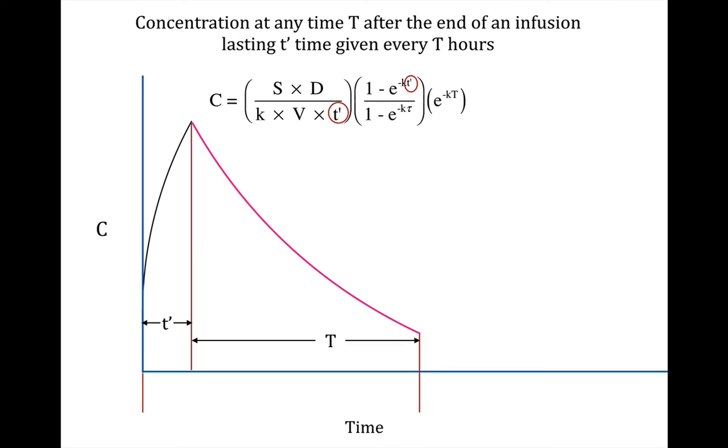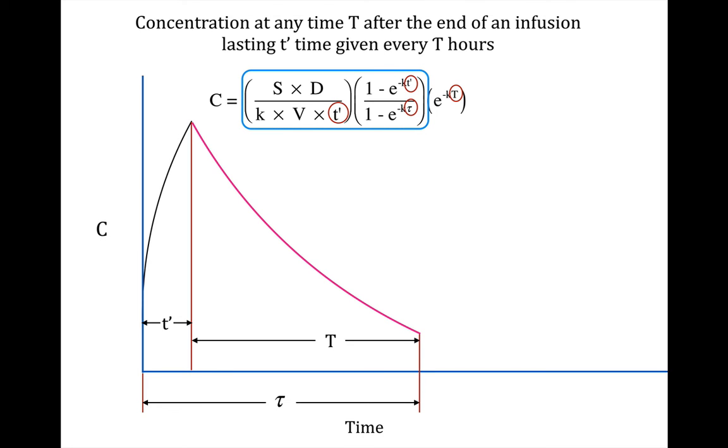That is the time after the end of the infusion that goes from the end of the infusion time till the next dose is started. That goes into this portion of the equation. Finally, we have the total dosing interval, which goes into the equation right here.